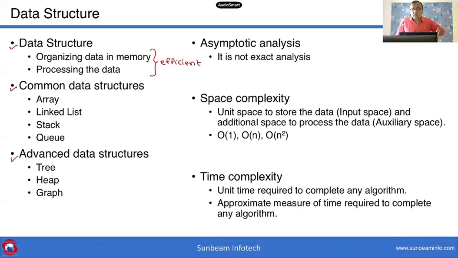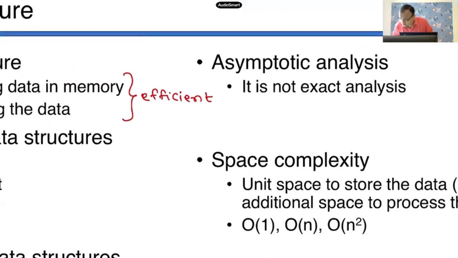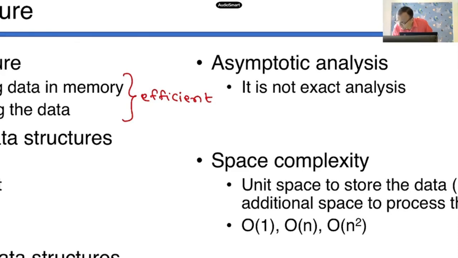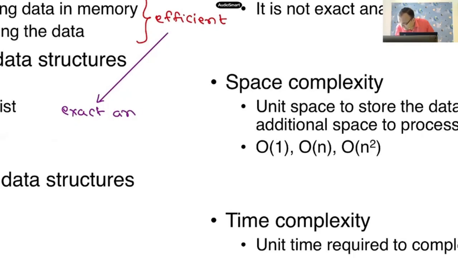Whatever I was discussing right now, whether it is about space or about time, this kind of analysis of efficiency, you will always refer to as exact analysis. You then ask, what do you mean by exact analysis?